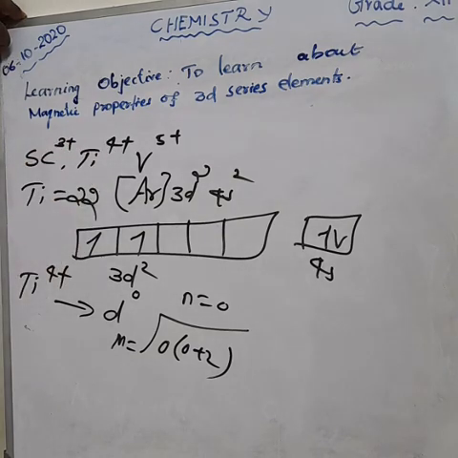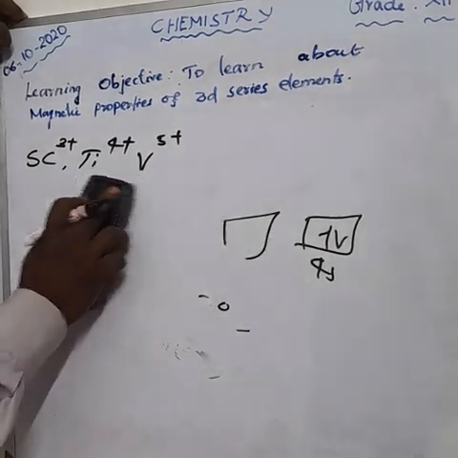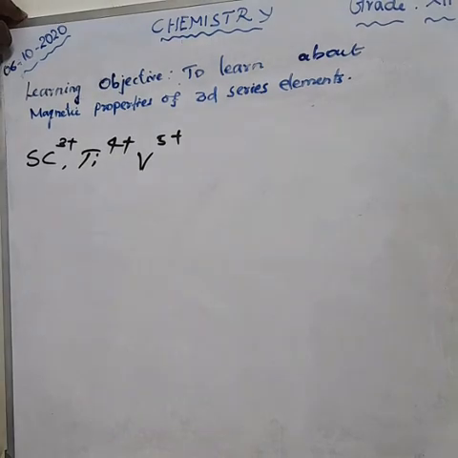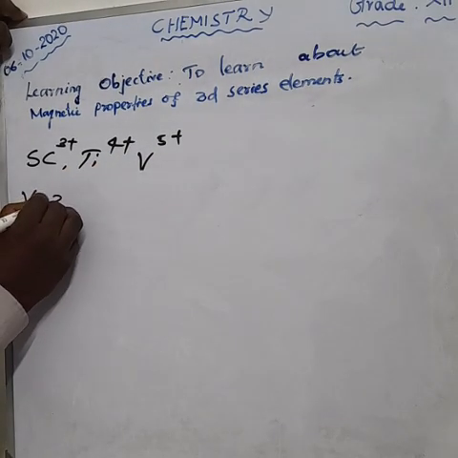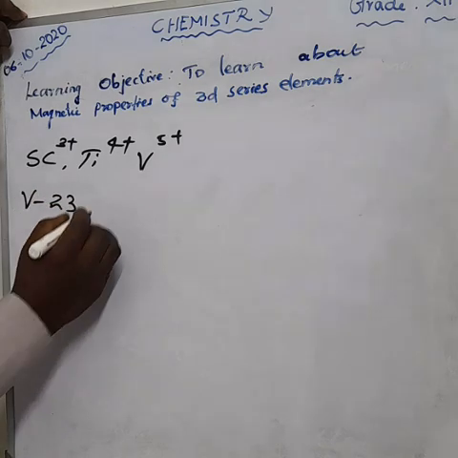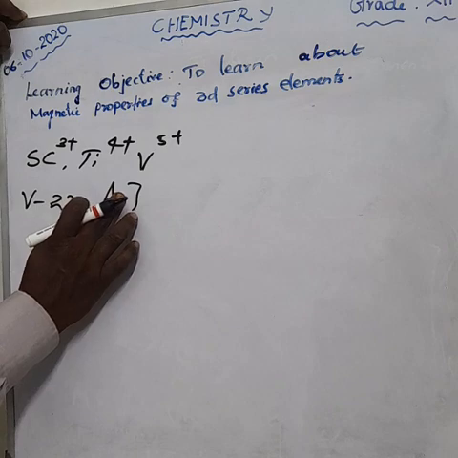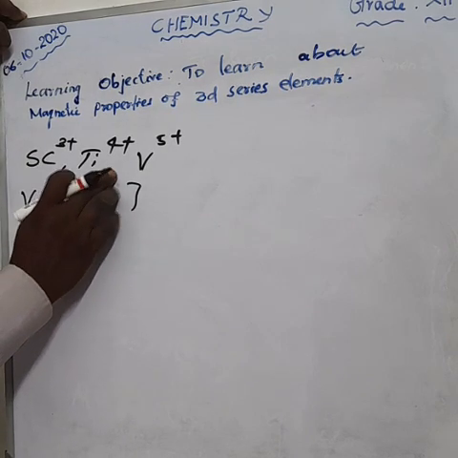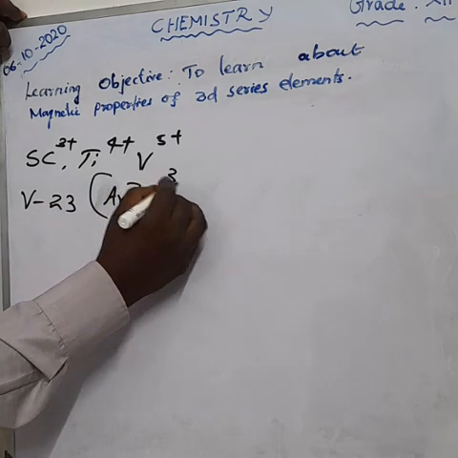Next about the vanadium 5 plus. The atomic number of vanadium is 23. What is the configuration? Argon 3d3 4s2.